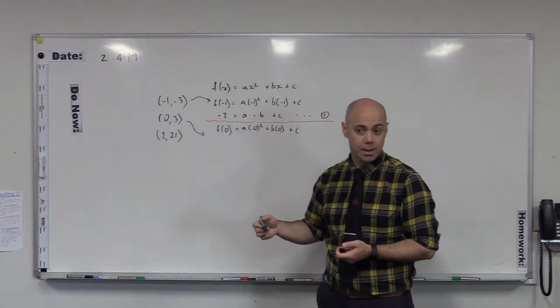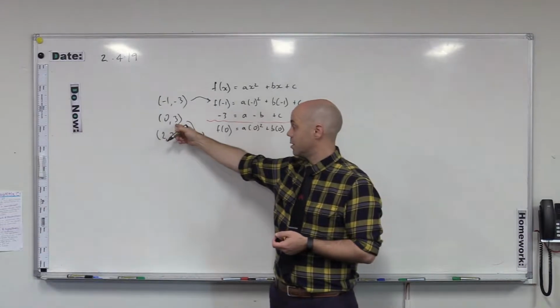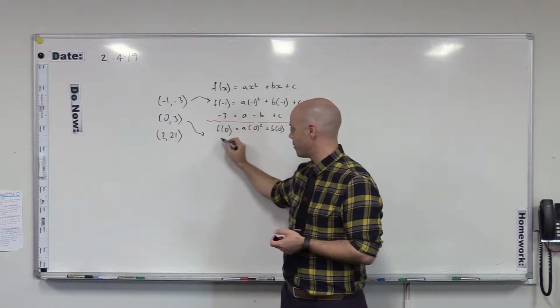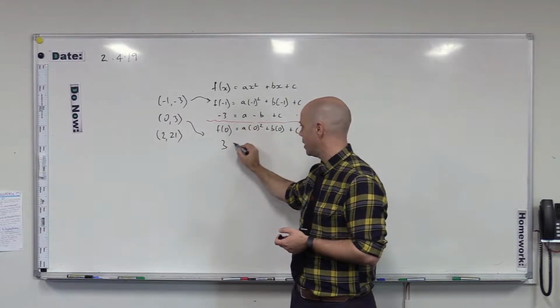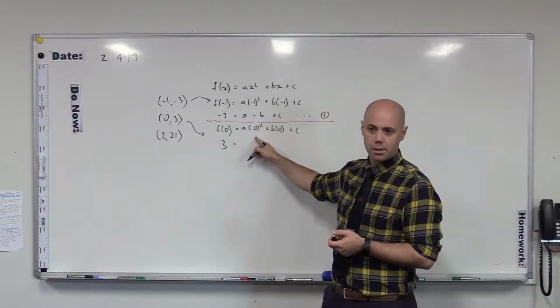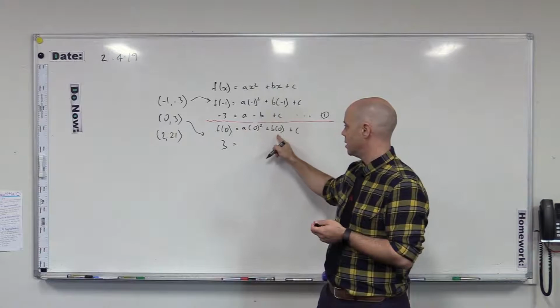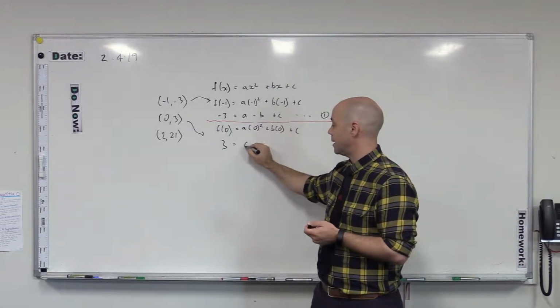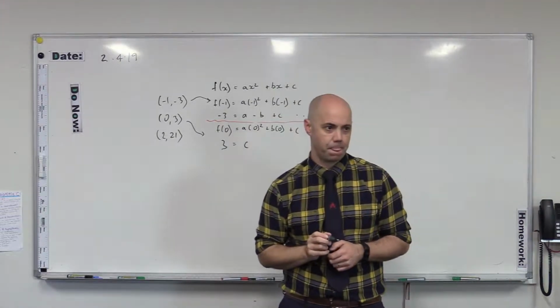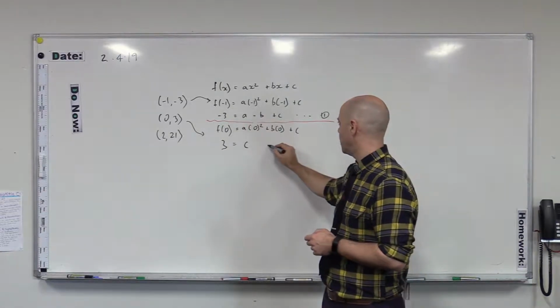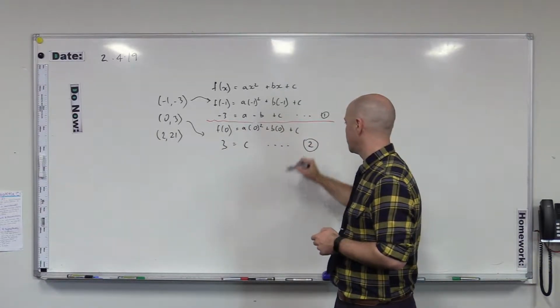Now what is the function at 0? The function at 0 equals 3 from this point over here, so 3 equals, let's simplify this, 0 squared is 0, that term disappears, and all we've got left is just c. I'm going to call that one number 2.